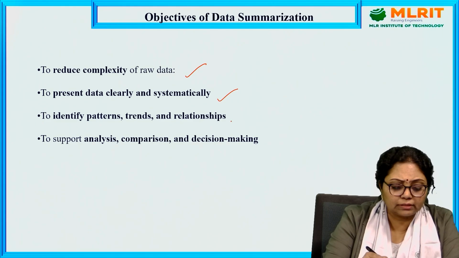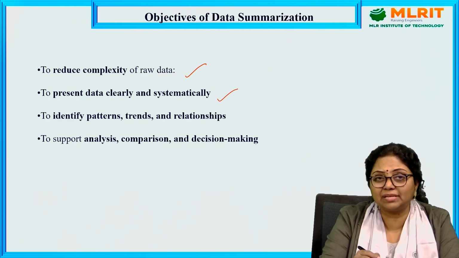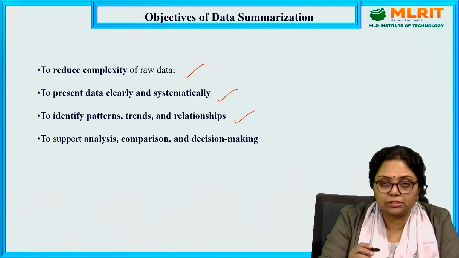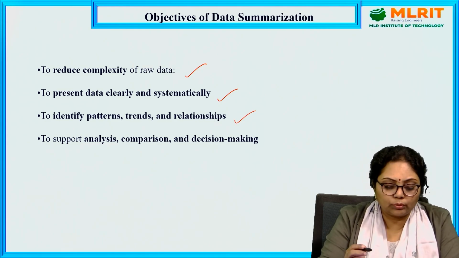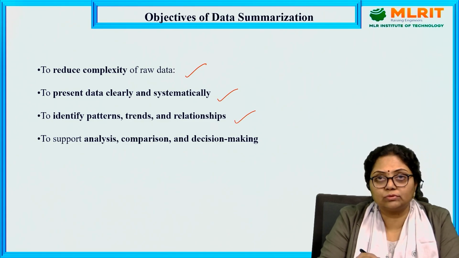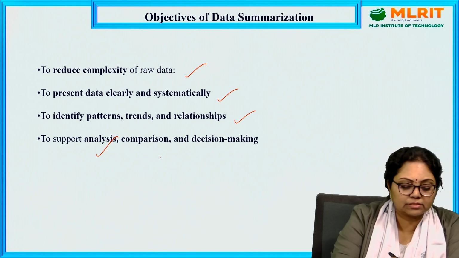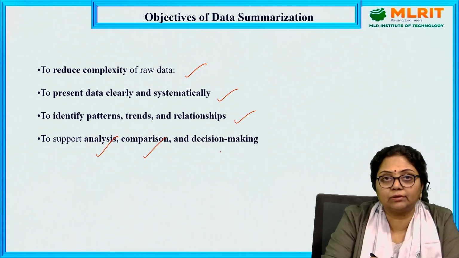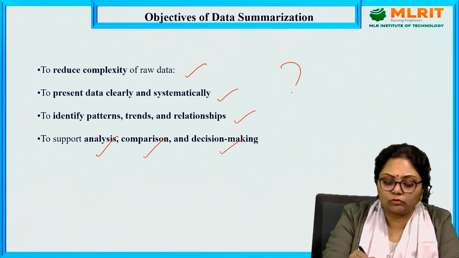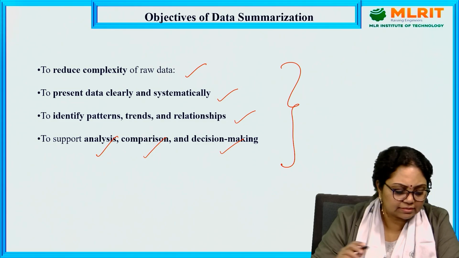The third, and the most essential, is to identify patterns, trends, and relationships between two or more variables or groups. And the last is to support analysis, comparison, and decision making. So these are the objectives of data summarization.